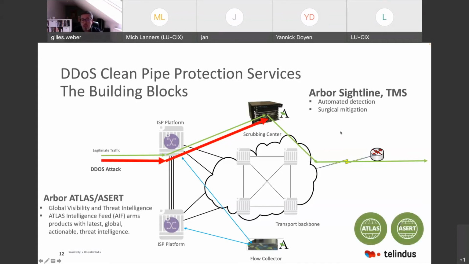The information our systems get is from Arbor, from NetScout Arbor, which is a global system where we have an Atlas intelligence feed, which gives us information on which kind of attacks are seen in the world and which systems are compromised, so that we can quickly act upon those as well.